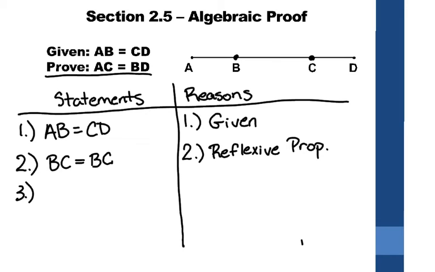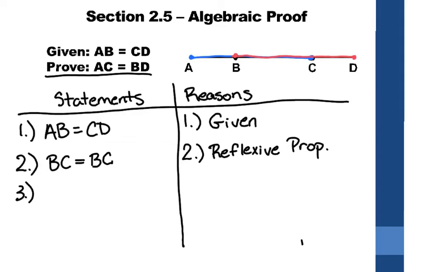If we look at from A to C, that segment there, and then let's look at from D to B, we're going to show that these two segments are equal to each other because we know AB equals CD and then also BC equals BC itself.